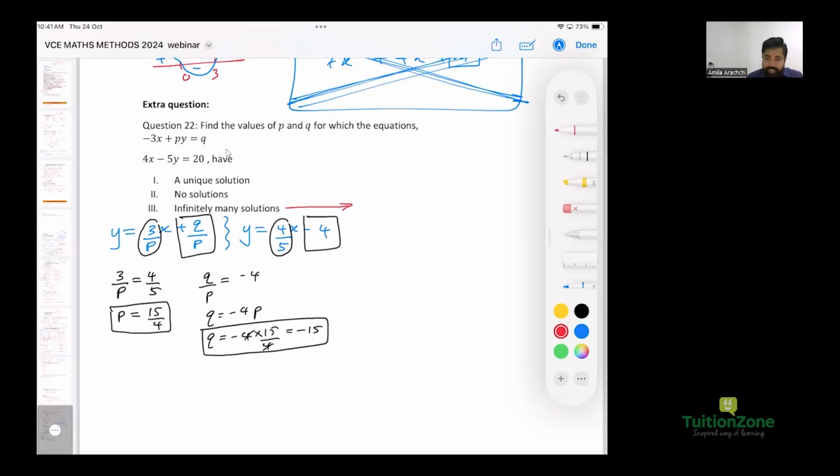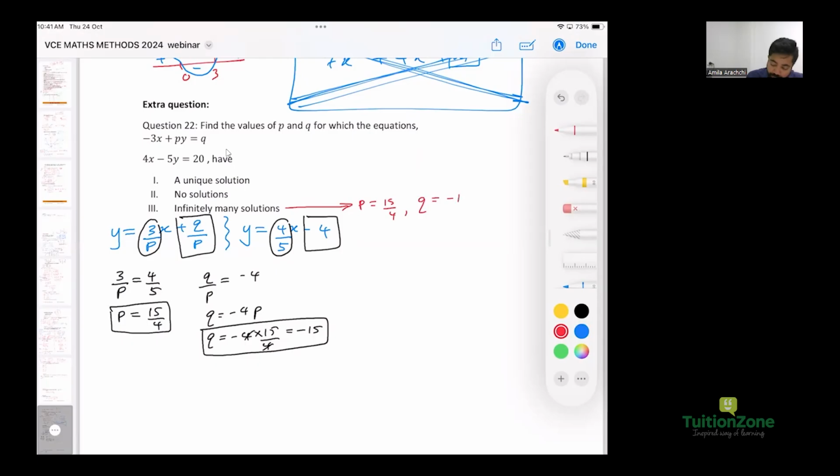Yes, I think you can start from the gradient because we found the P value by doing what? Making the gradients equal to each other. Is that true? So which is definitely P must be equal to what? 15 over 4. Then you get the same gradient, isn't it? If your P is 15 over 4, and then what's your Q?